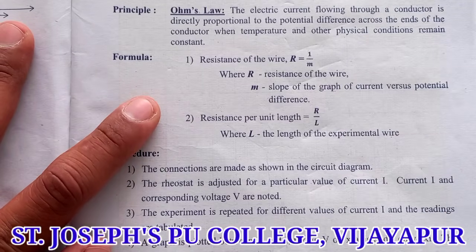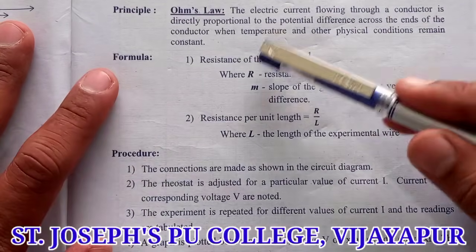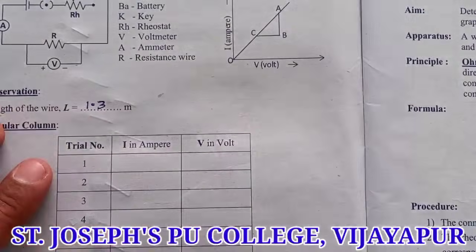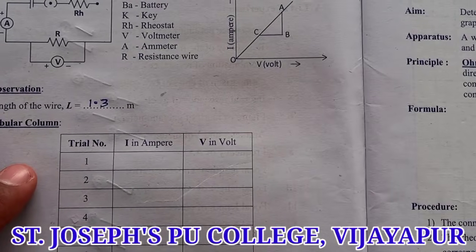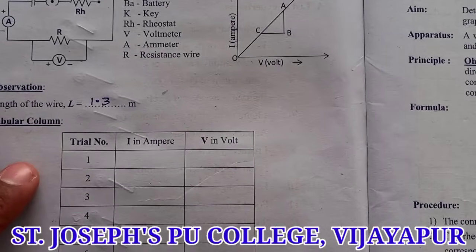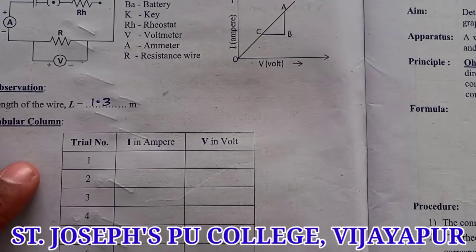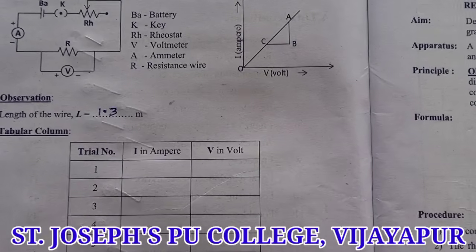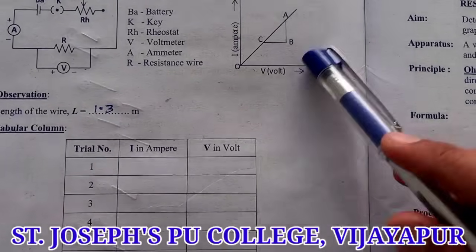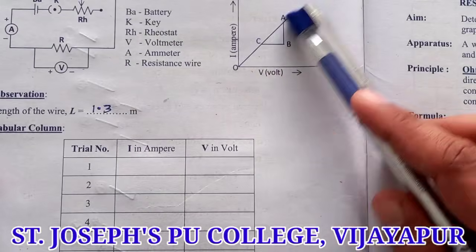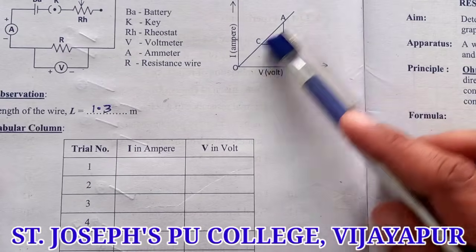So how do we find the resistance of the wire? By using a graph. I hope the graph is visible. Here we have to plot a graph of potential versus current, and we will get a linear inclined straight line.